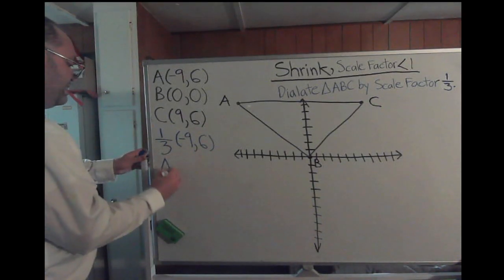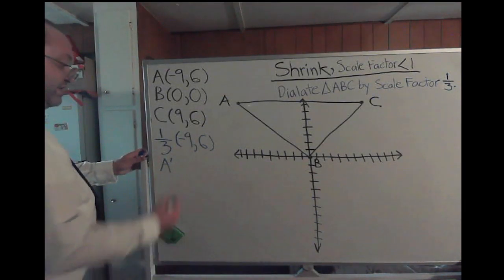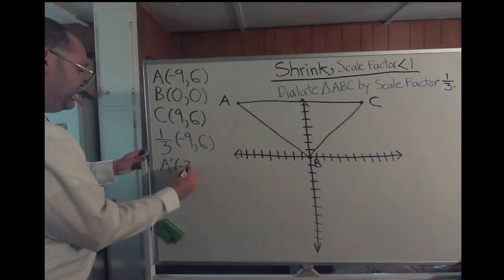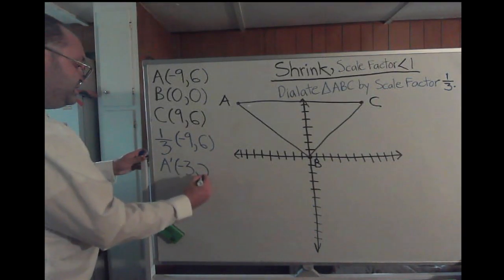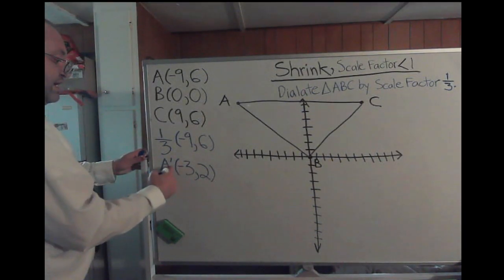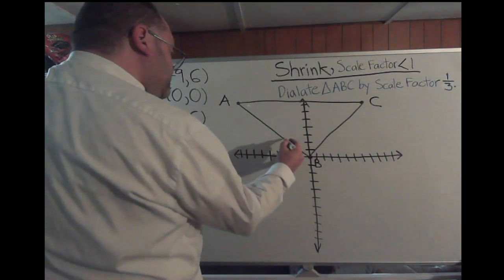So A prime, for the x, 1/3 times -9, that'd be -3. Then for the y, 1/3 times 6, that'd be +2. So A prime can be found at -3, +2.